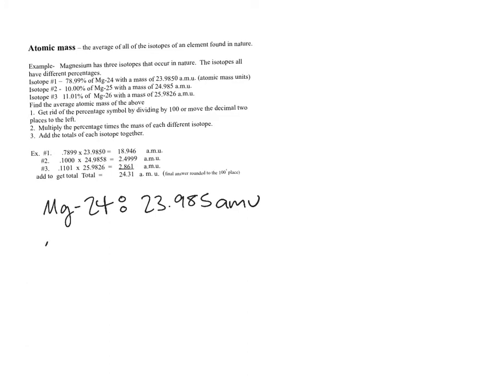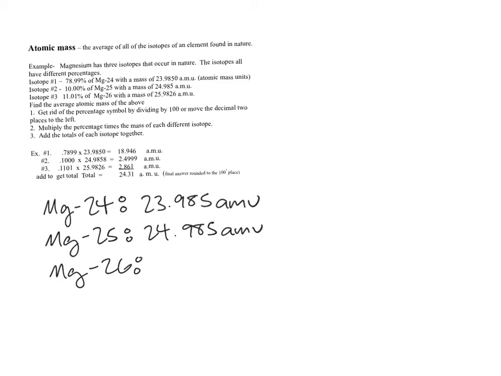And then there's magnesium 25, which has an exact mass of 24.985 AMU. And lastly, there's magnesium 26 that has an exact mass of 25.9826 AMU. These are the three types of magnesium that are found in the world.